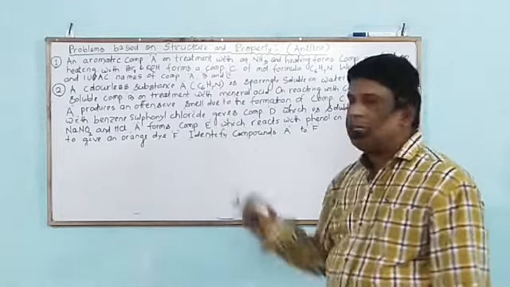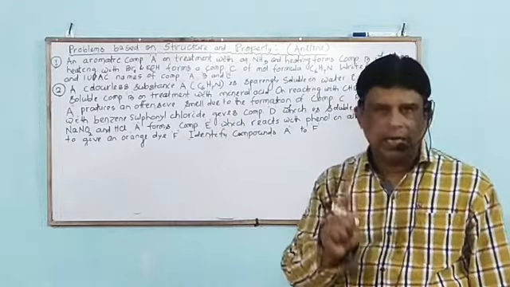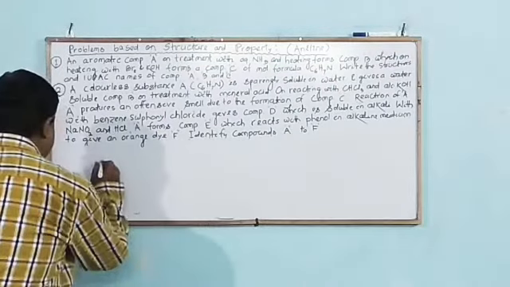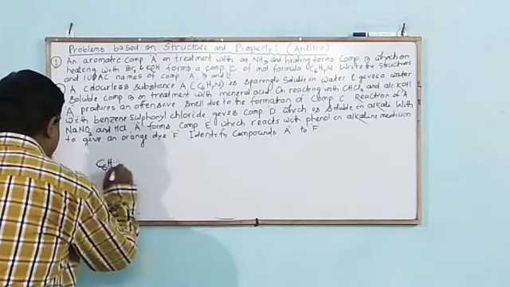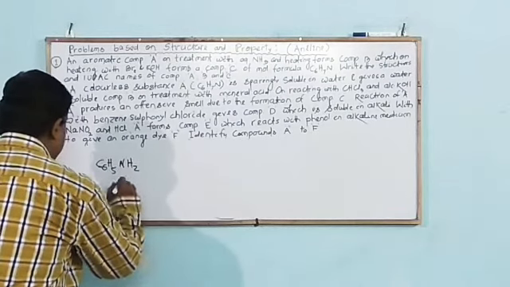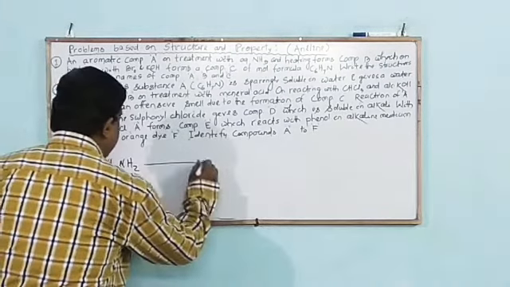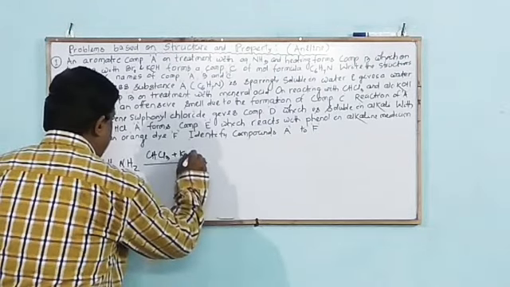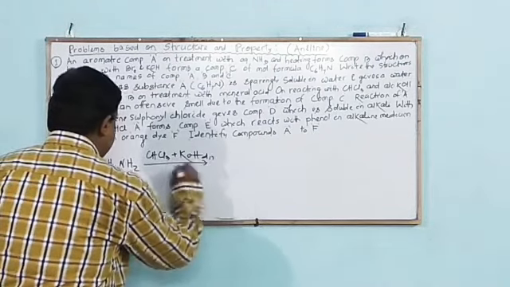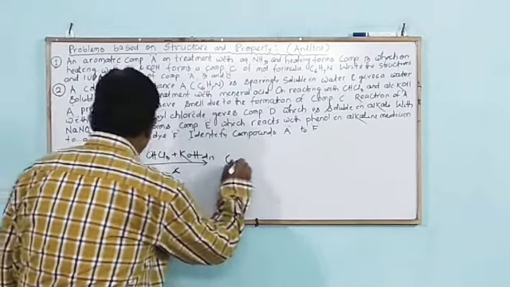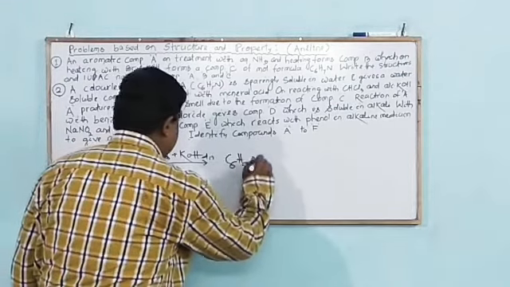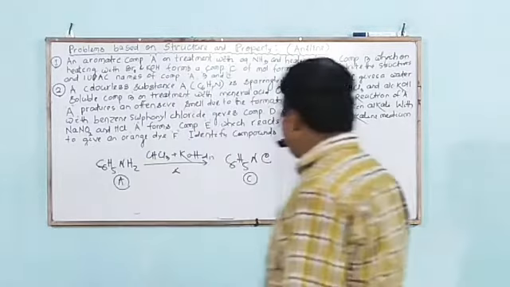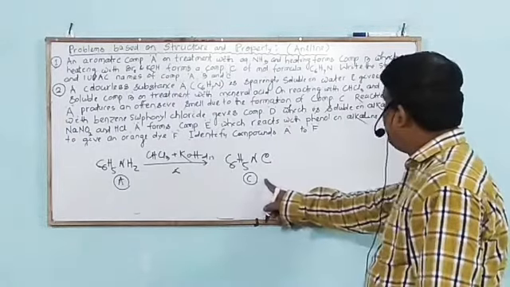With the formula it is clear that A is aniline, C6H5NH2. When heated with chloroform in presence of alcoholic potash, it gives phenyl isocyanide, C6H5NC, the unpleasant smelling compound C.